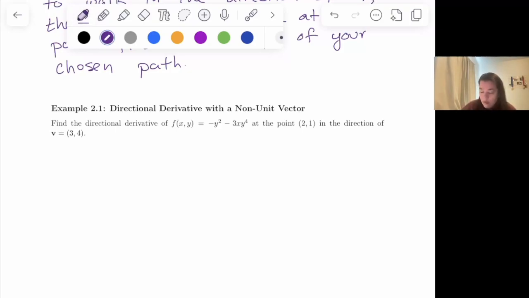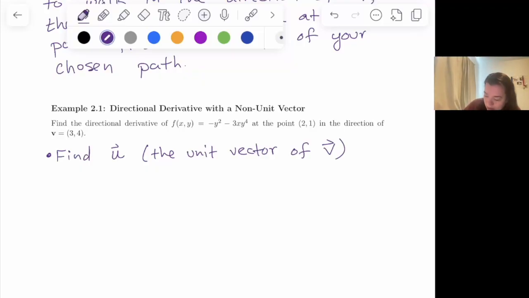What I usually like to do first, though this isn't an order you have to go in, is to find u, which is the unit vector of v. So I put my little vector marks. v is your chosen path, right? You're going to walk this path, but we need to turn this into a unit vector.